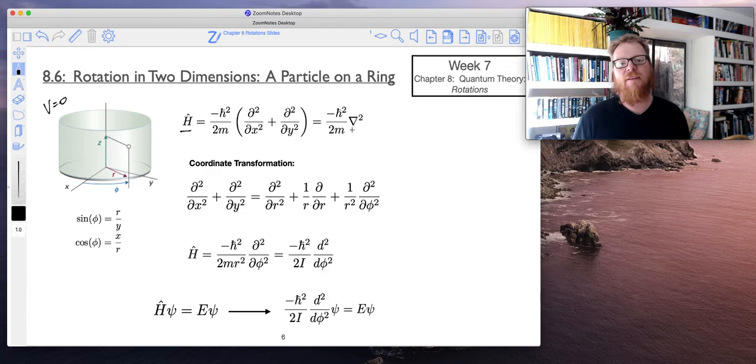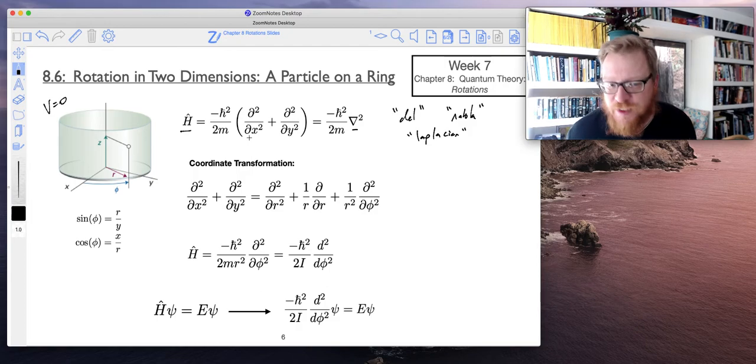So here, this upside down triangle is called del squared. Sometimes it's also called nabla, and sometimes it's also called the Laplacian. All of these are names to describe this operator, and this operator is the partial second derivatives in multiple dimensions.